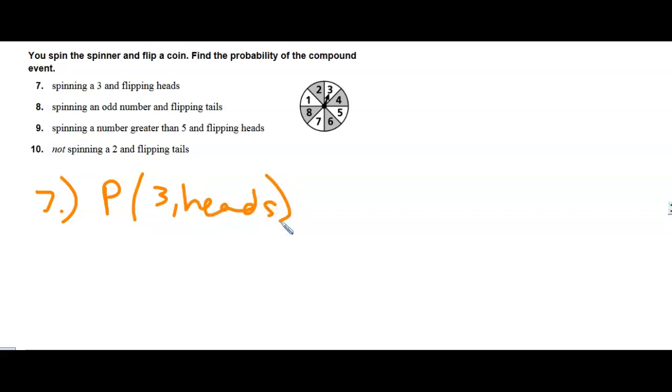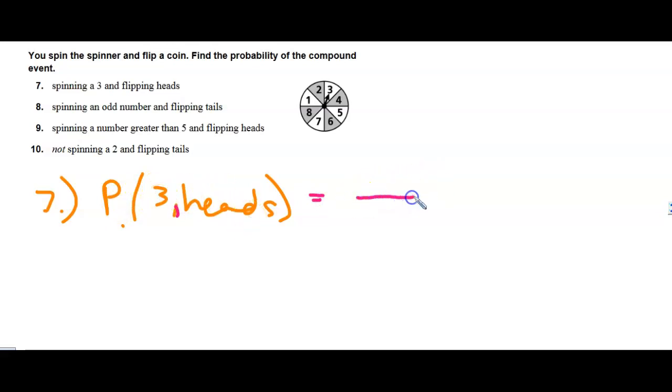This is the shorthand version of asking what the probability of spinning a 3 and flipping heads is. The comma in between shows you that this is a compound event, so that gives you a heads up. This is two things happening: first, spinning a 3, then flipping a heads.